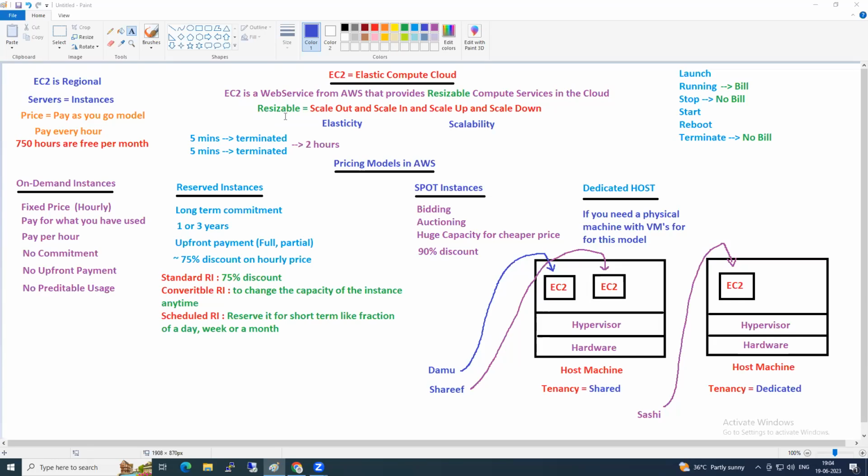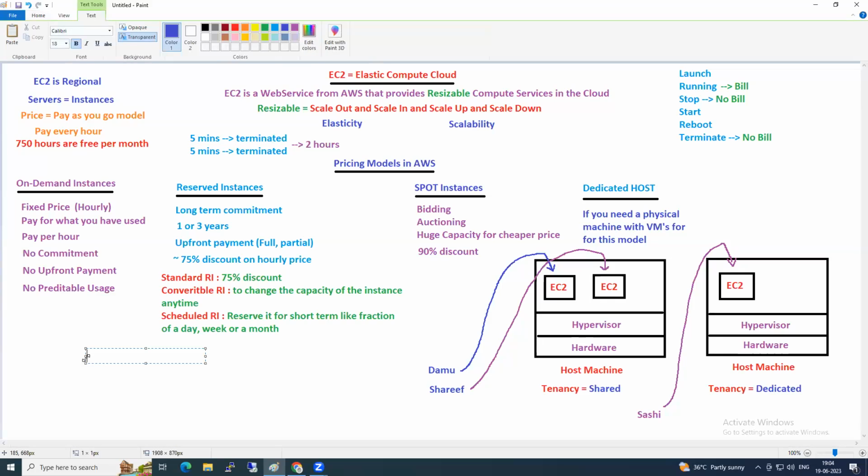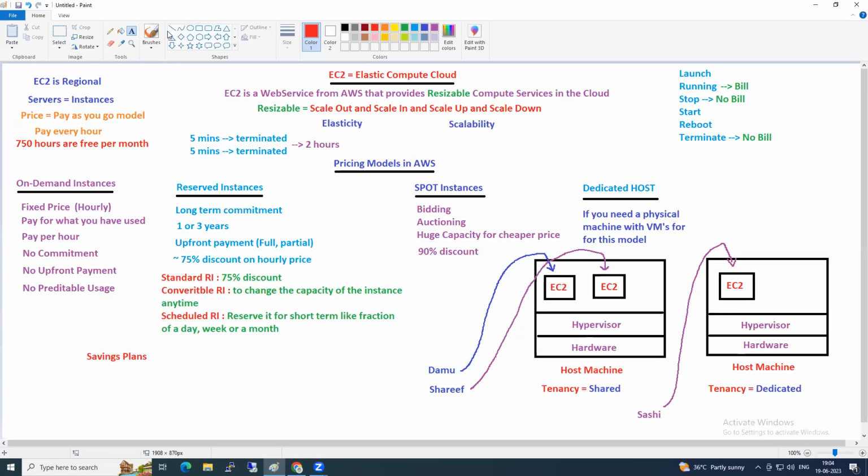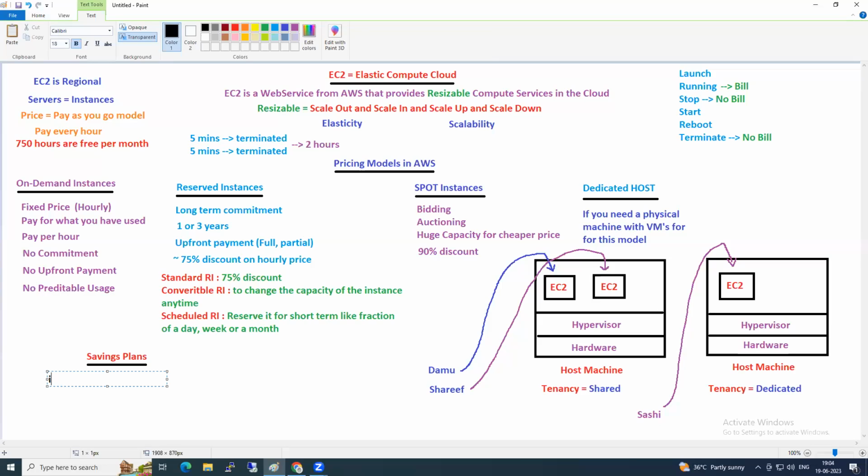And lastly, AWS came up with another model, which is called Savings Plans. What is that? This is the latest model that AWS came up with. I'll talk more on Savings Plans. Remind me, spot and Savings Plans. I'll talk on this later when the time comes. It is the same as reserved instances, but it has a different strategy.